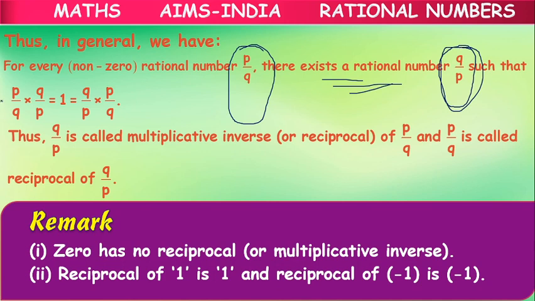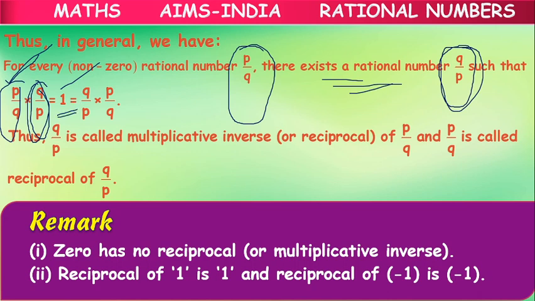that if you do product of a rational number and its reciprocal, the result will be 1. Means when we are multiplying by its reciprocal, we are getting 1.